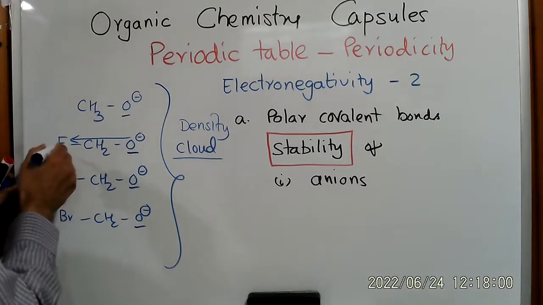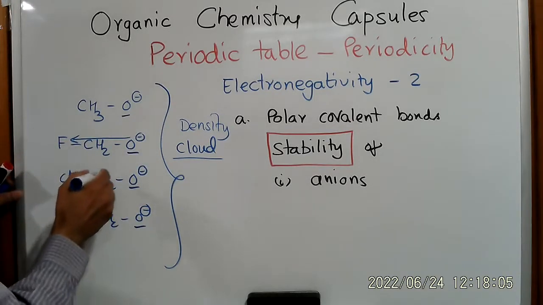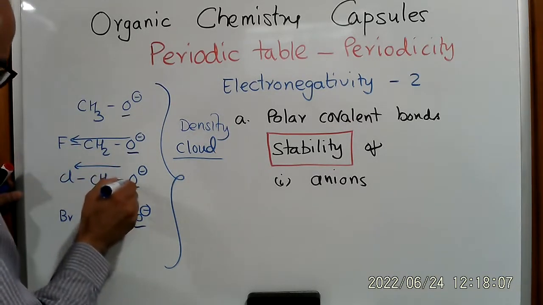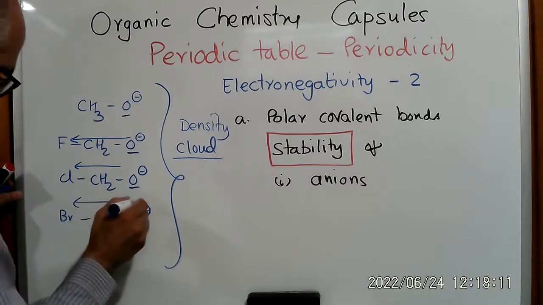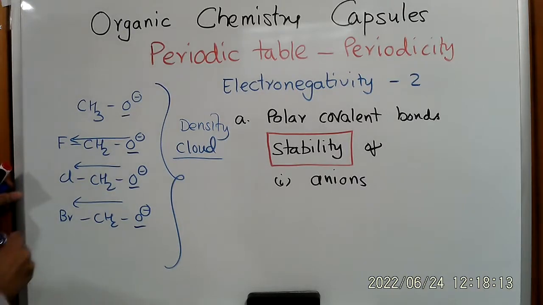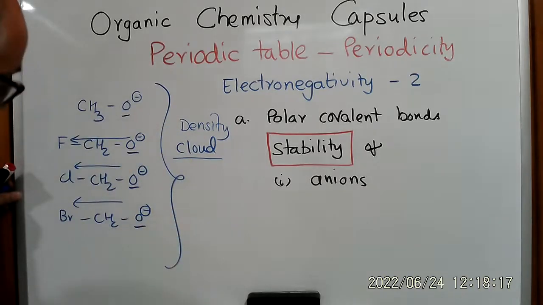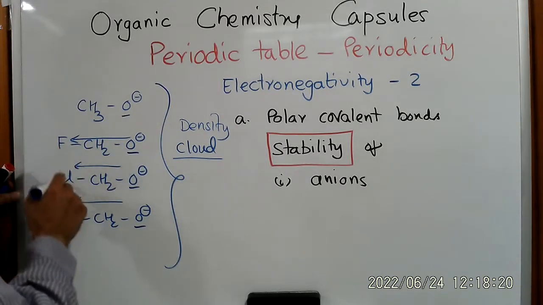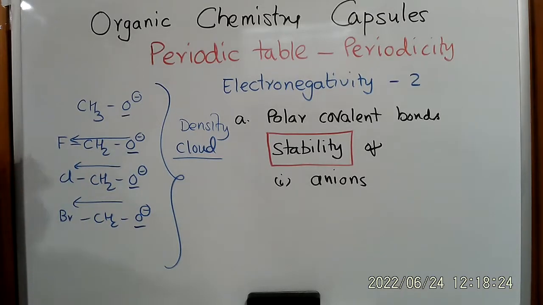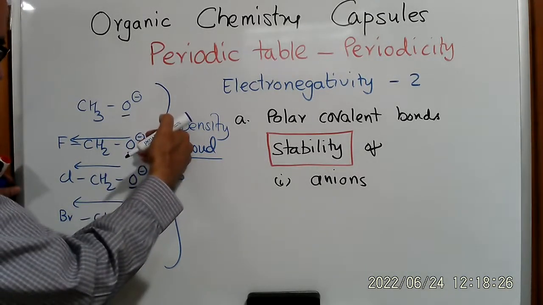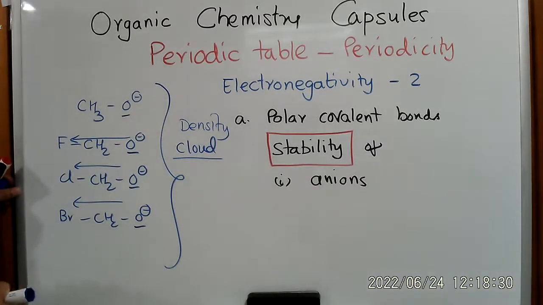So fluorine can pull that electron cloud away from the oxygen. Chlorine can pull the electron cloud away from the oxygen. Bromine can also do that. In this example, carbon is our base case. We have different elements with different electronegativities that can pull the negative charge away from oxygen and towards them.